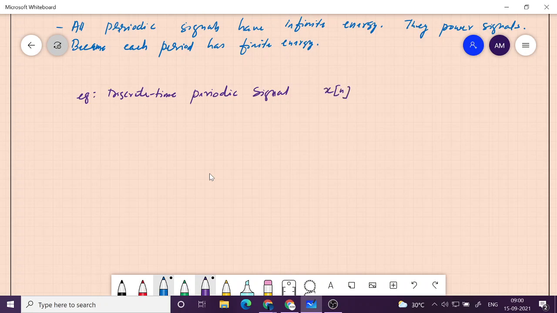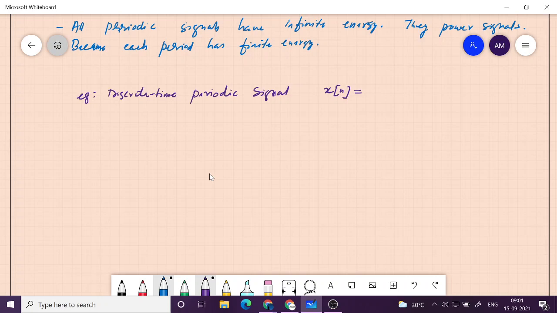I said I will use this square bracket whenever I talk about discrete time signals, and the index is n, not t. But you know the relation between n and t. You need to multiply n with the sampling interval in order to get the t. But delta t is not really carried over in the definition. So we will only write x of n.